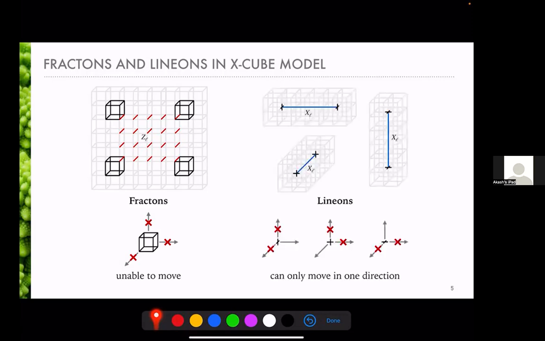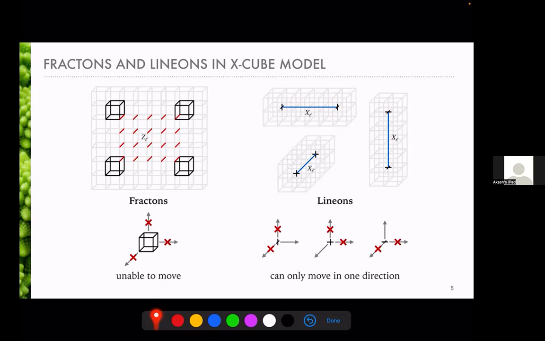You can play the same game with the X operators that I had. With the X operators, the excitations are obviously going to be vertex excitations and not cube excitations. You can take a bunch of X operators acted like that, and you can see that the only place where it will excite the Hamiltonian is at the edges of this string of X operators.